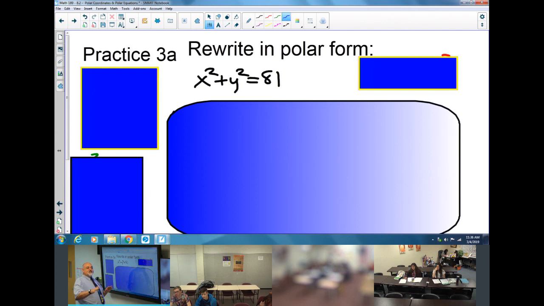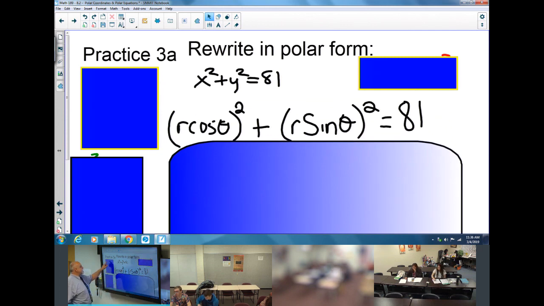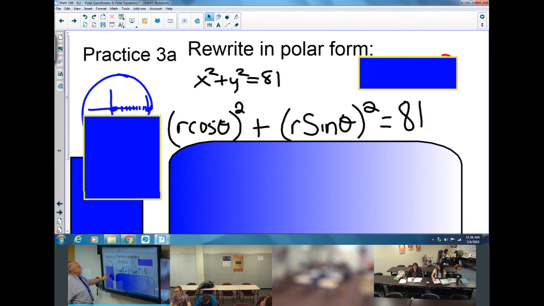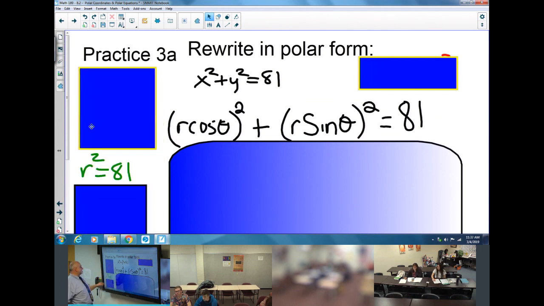Okay, it's actually easier than that. See how x squared plus y squared, if you just substitute, see, this is like the long way to do it. If you just think x squared plus y squared is r squared, and then you just get r squared equals 81.